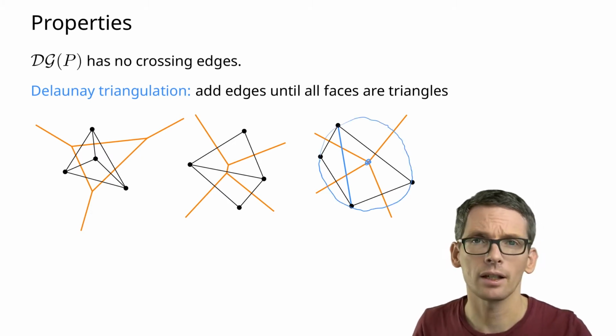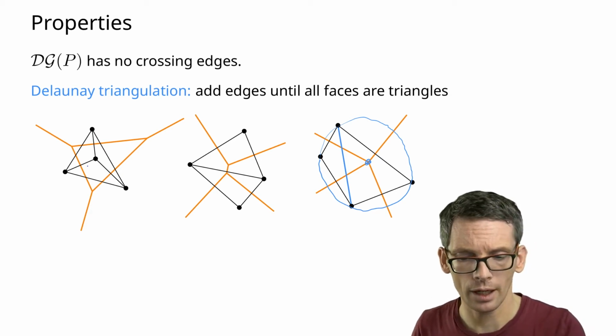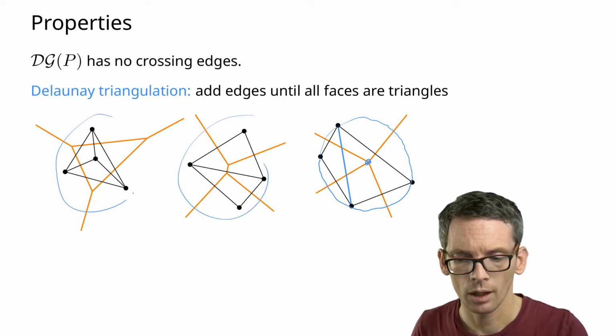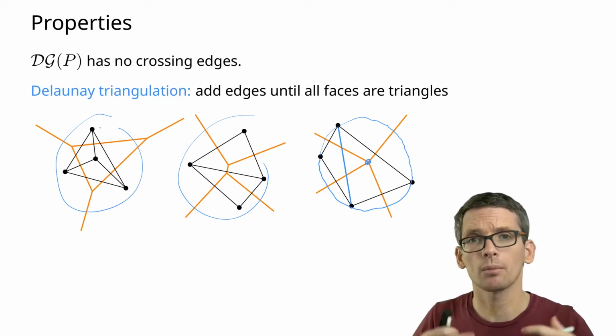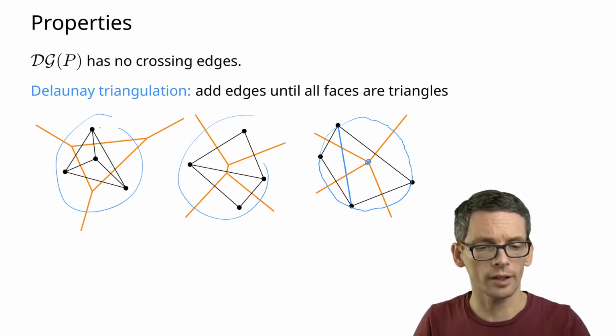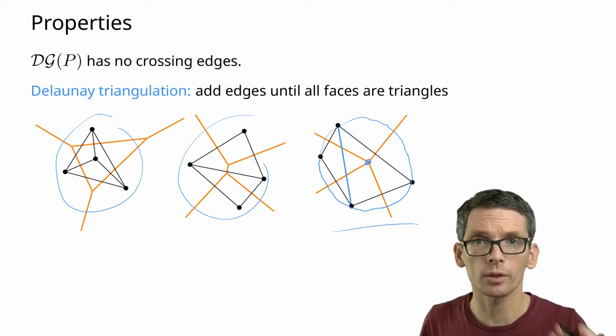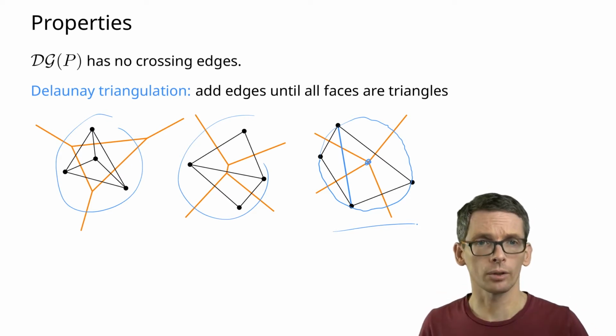So you already see that's a non-general position situation. In these other examples that we've seen here, and here, we actually already have a triangulation. And that's why we typically simply speak of a Delaunay triangulation. But to introduce a concept, and because in non-general positions this could happen, we also talk about Delaunay graphs. So far, so good.